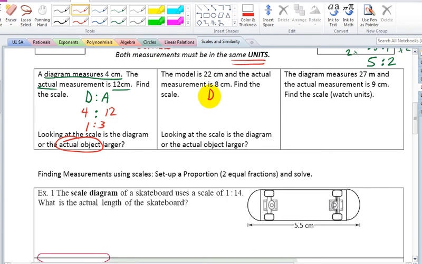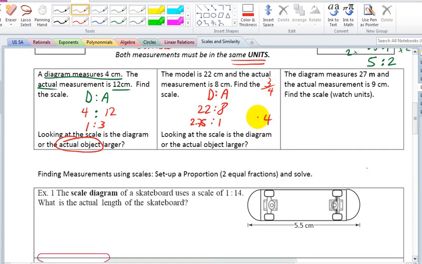Again, diagram to actual. This time it's a model. 22 to 8. Lowest terms then 1 to what? 2.75. Do you guys know how to get 0.75 out of a decimal? Well, it's going to be 3/4. So multiply by 4, multiply by the denominator.